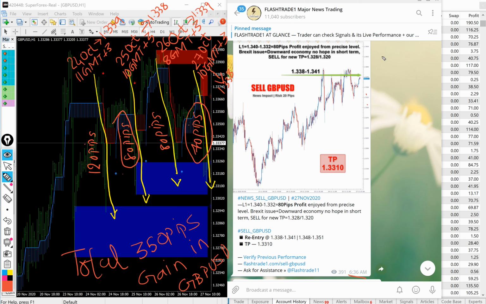The time frame of the Telegram is GMT, while the time frame of the MT4 is GMT plus 3. So when we generated the signal at 6:36 AM, as per GMT plus 3, the timing is 9:30 AM in the morning.